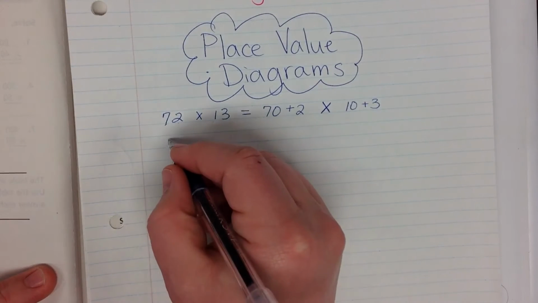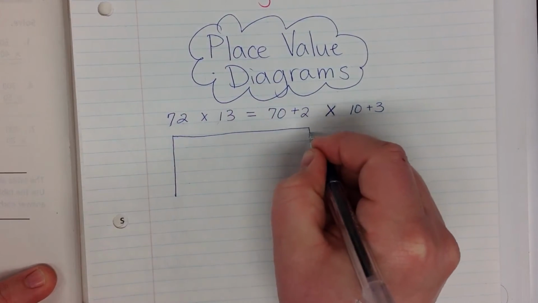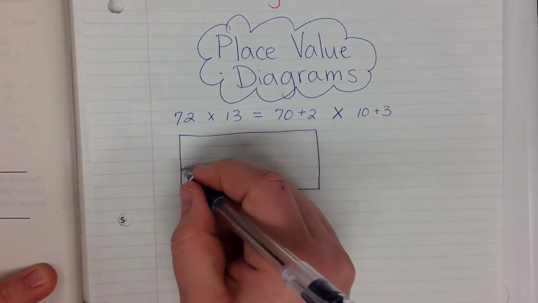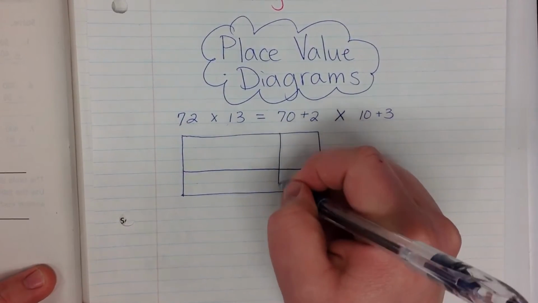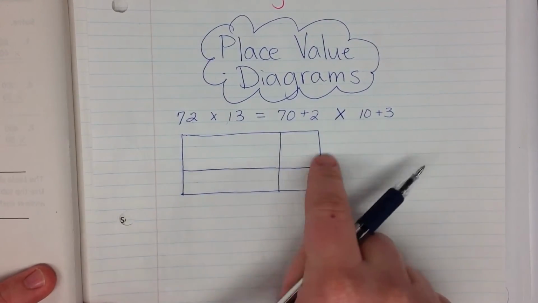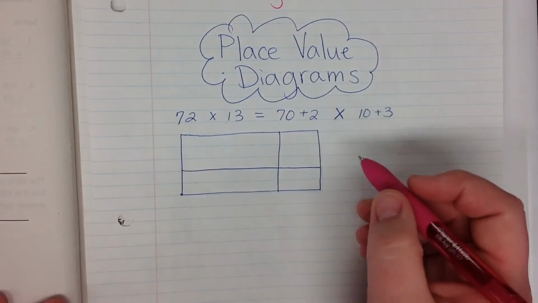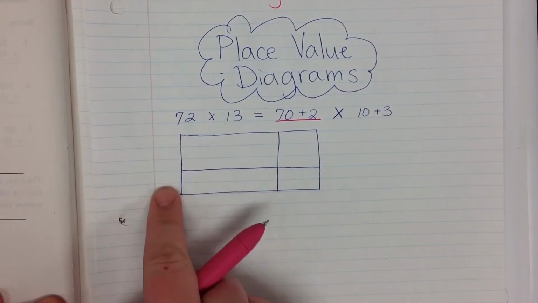Now what we're going to do is draw that rectangle that we drew today. Doesn't have to be perfect. Okay, we got our rectangle. We're going to split the bottom part, not so much in half, and then a little section over here. So we have a rectangle with 4 unequal pieces in it. Alright, our 72 is going to get written over here.